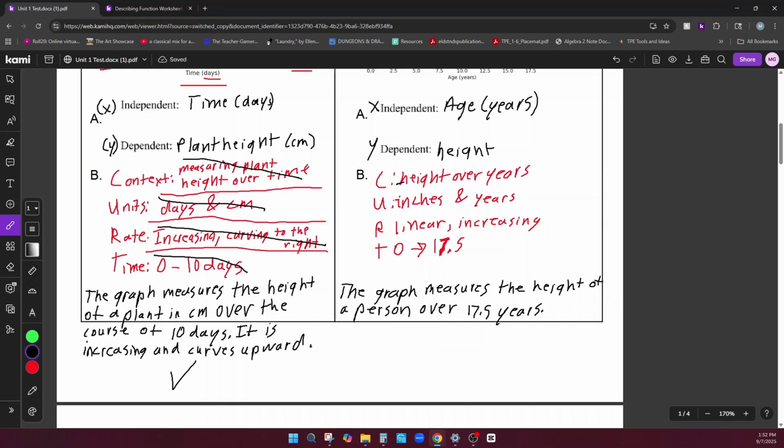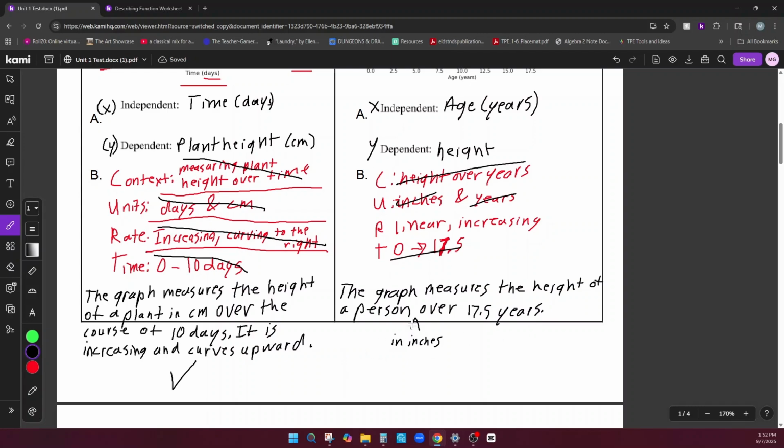So I'm going to look at my context. I've mentioned this. I mentioned years, but I haven't mentioned inches. So let me go back and say: measures the height of a person in inches over 17.5 years. So now I've hit all those three once again.